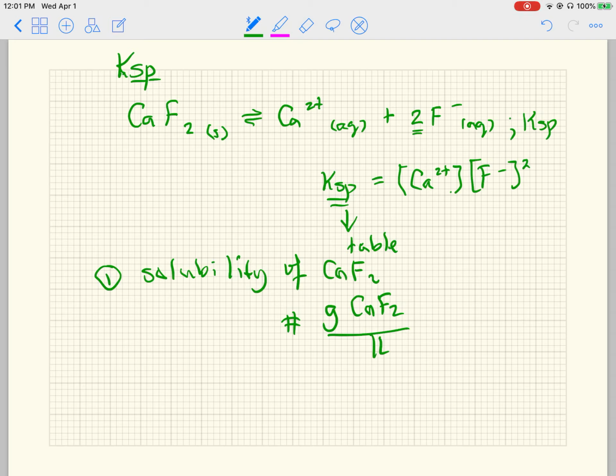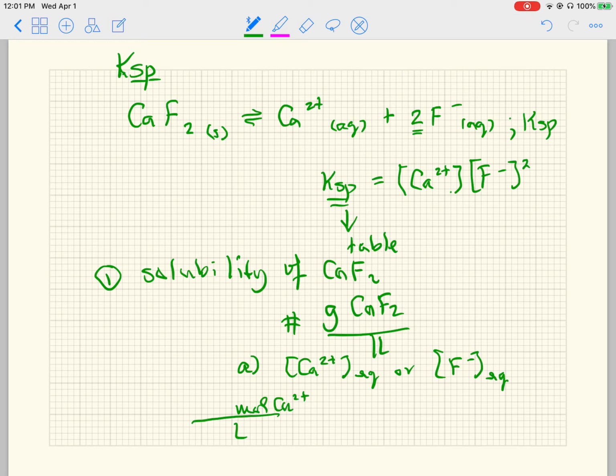And we can find that in order to get to solubility, the first thing that we have to find is an equilibrium concentration of calcium, or an equilibrium concentration of the fluoride. The equilibrium concentration would be in molar units, so moles per liter of my calcium, for example.